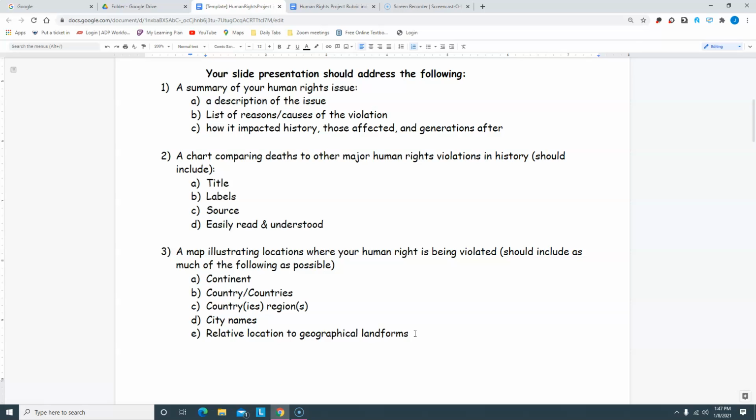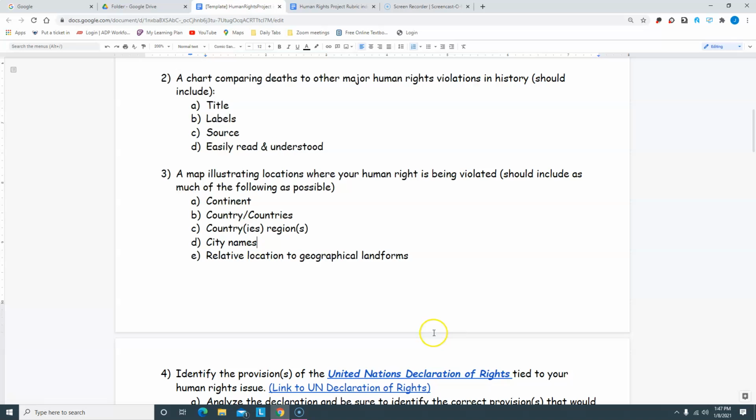The river obviously has a name. That is relative location to geographical landforms. Another example may be this death camp during the Holocaust was located in Poland, north of these mountains. And identify those mountains.